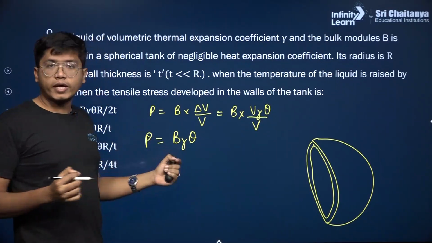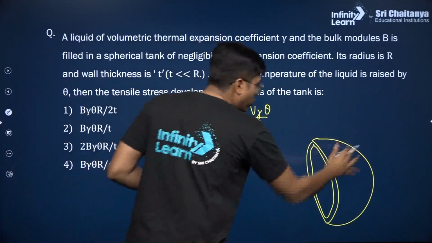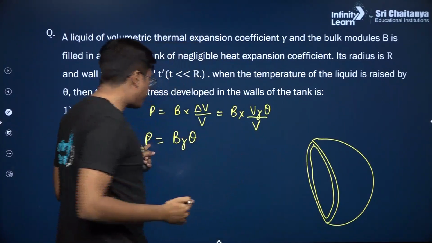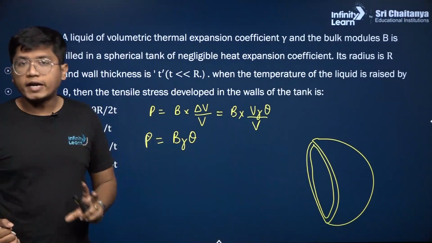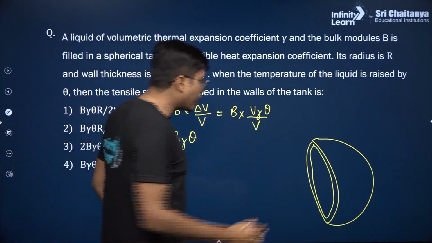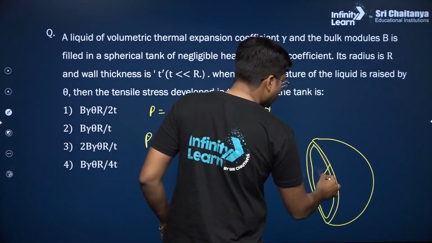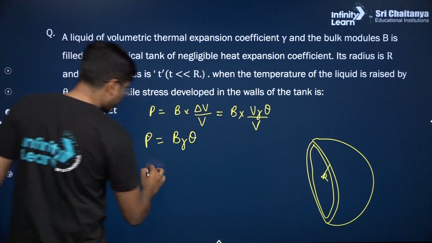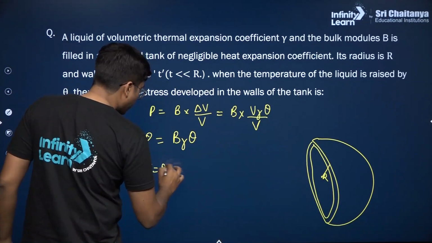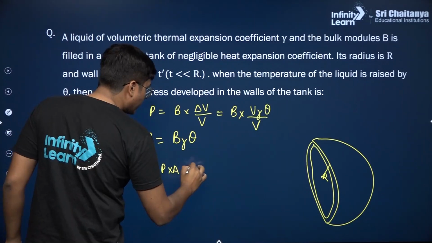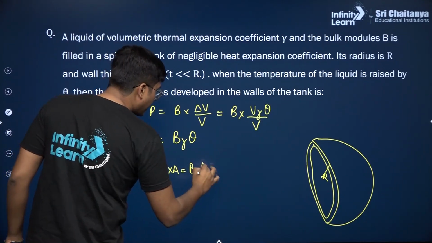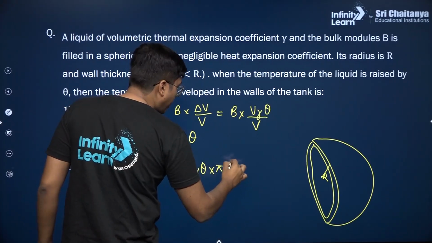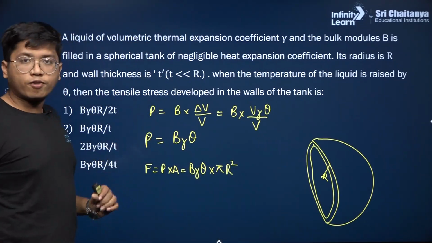Force is pressure into area. Pressure is acting throughout this region, so the perpendicular force is the pressure multiplied with the perpendicular area. If the radius is r, then the force is equal to pressure into area, that is B gamma theta multiplied with pi r square. So that is my force.